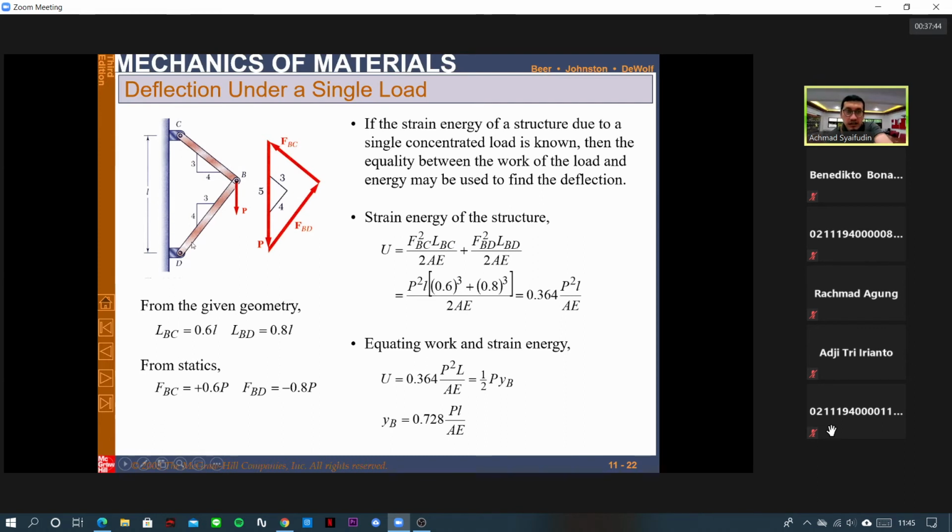You can see here there are two members, BC and BD. To get the strain energy of the structure, you have to define all members one by one and sum them. It will be similar to strain energy under one concentrated load. This is the formulation under one concentrated load. If we make an equation, then we will get the deflection.